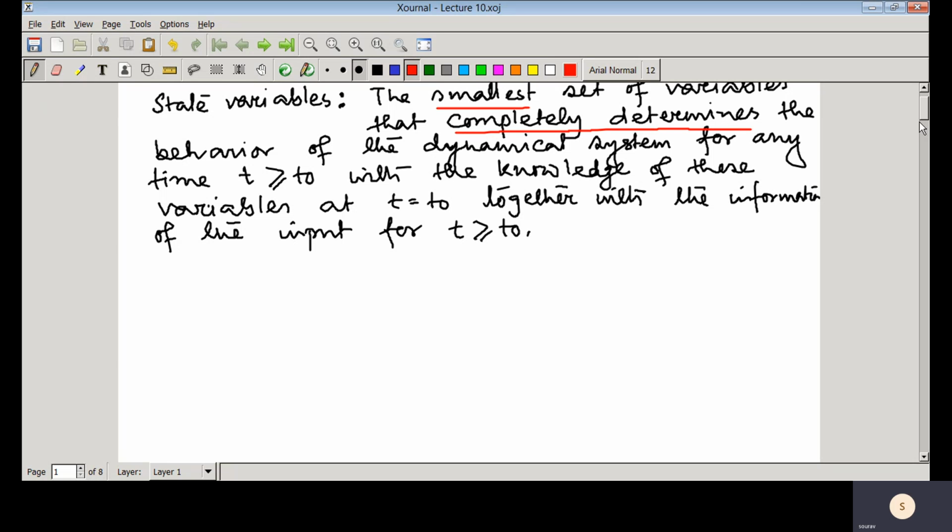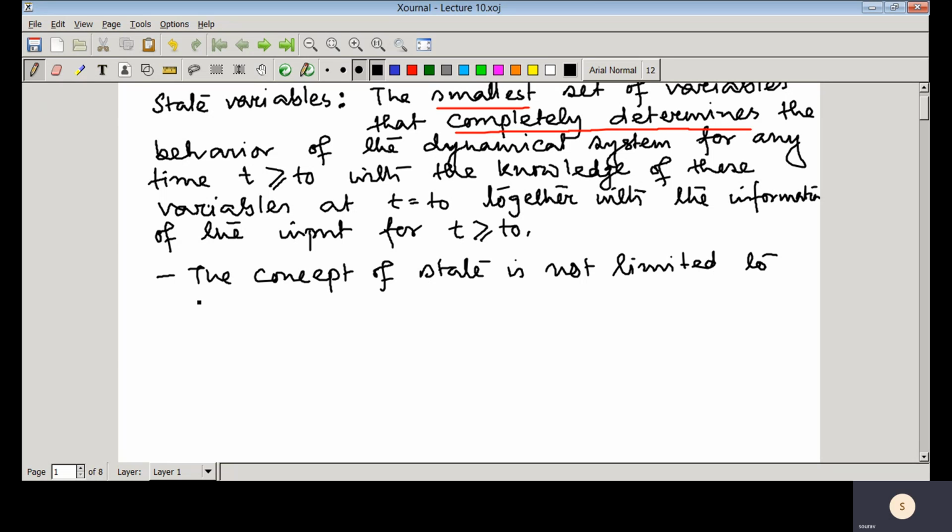So let us first point out a few important facts about state space modeling. That is, the concept of state is not limited to only physical systems.